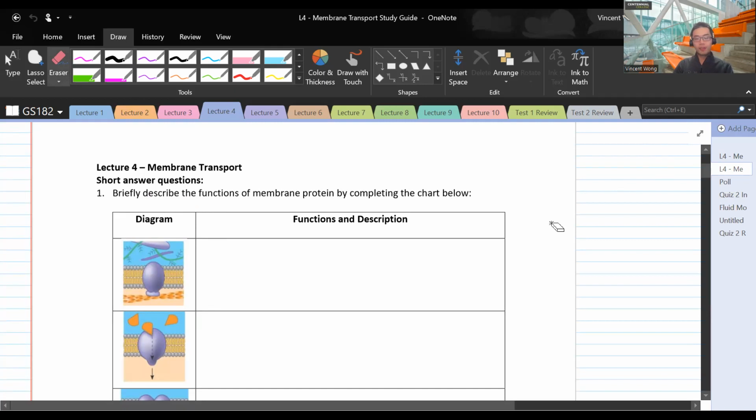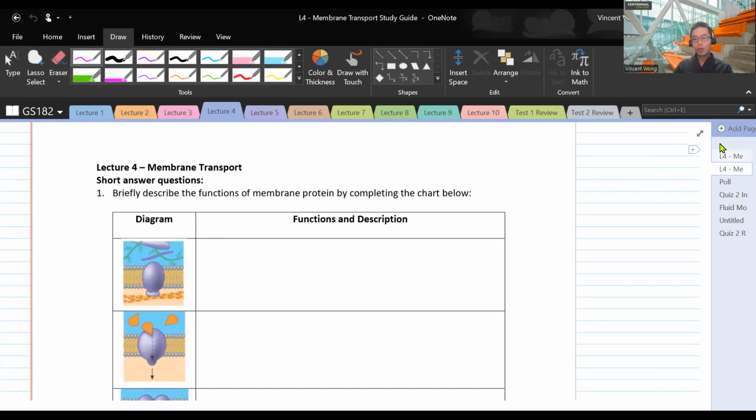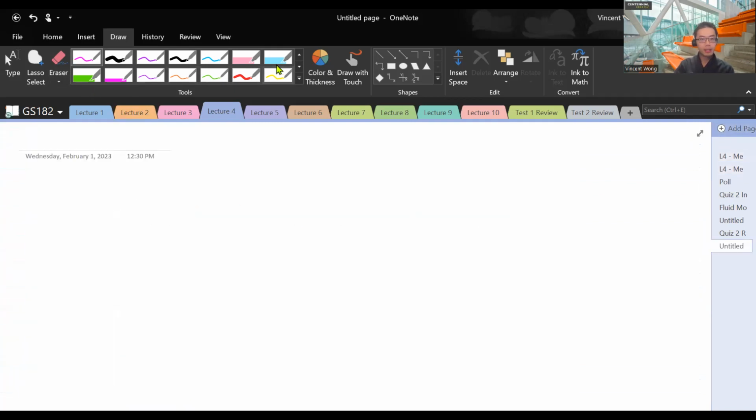Actually, you know what? Before we fill this in, I think it's probably a good idea to draw the cell membrane just to refresh your memory about what the major components are and the function that they serve in the cell membrane. So we have something called a fluid mosaic model.